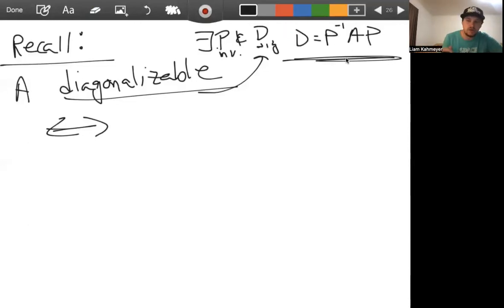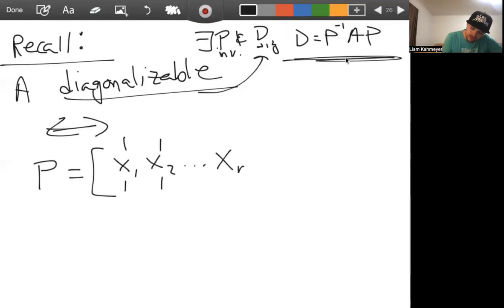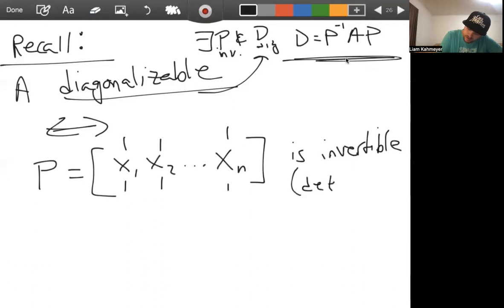But remember, you can use eigenvalues and eigenvectors. A is diagonalizable if and only if P, which is given by the column vectors x1, x2 through xn, is invertible, i.e. the determinant of P is not 0.